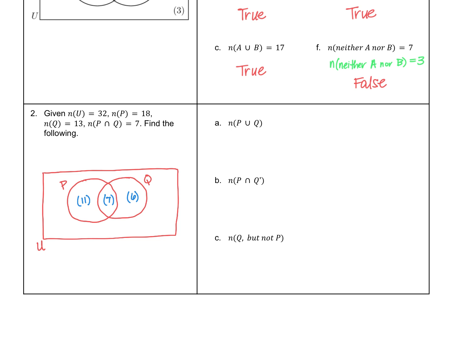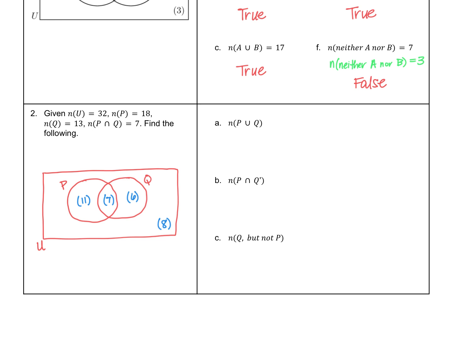And if we have 32 elements total, then 32 minus 24 leaves us with 8 elements that are not in either of those, but they are inside of the universal set.